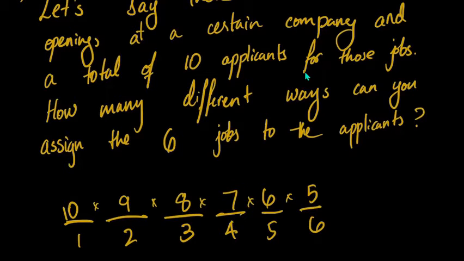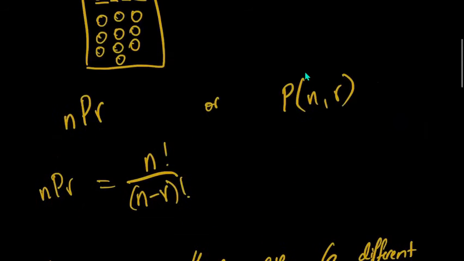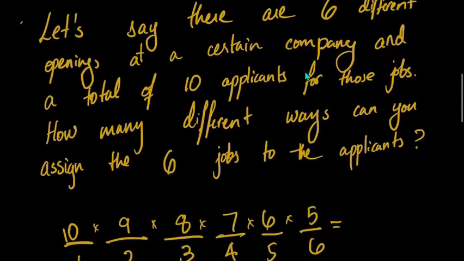the total number of permutations, or the total number of ways that 10 different applicants can apply for these 6 different jobs. Now this is the same thing as saying nPr is equal to n factorial over (n minus r) factorial.